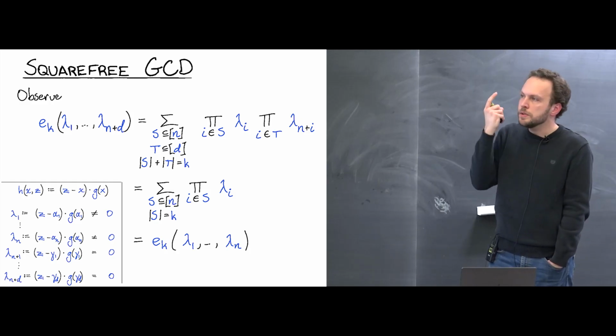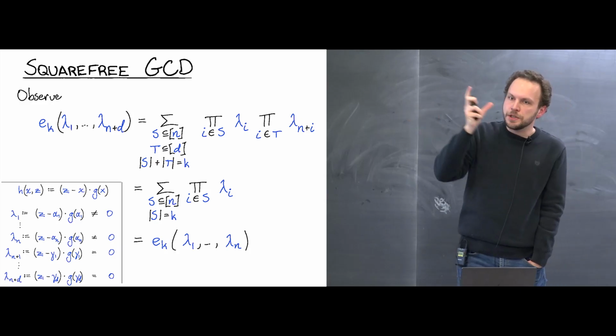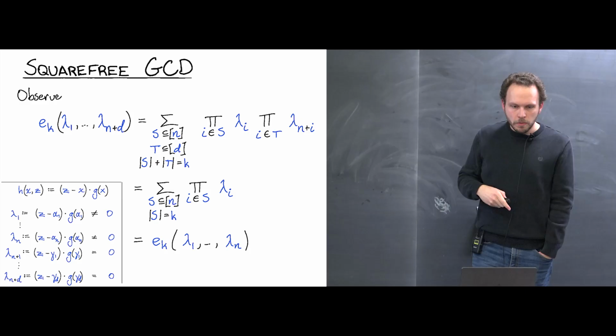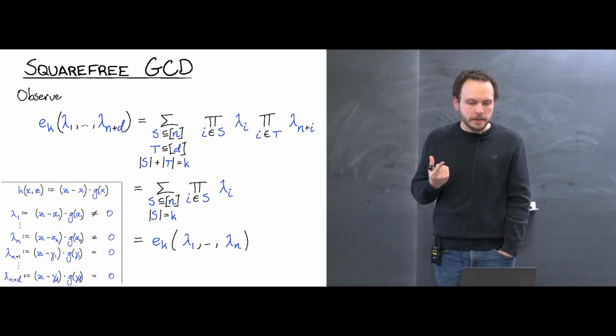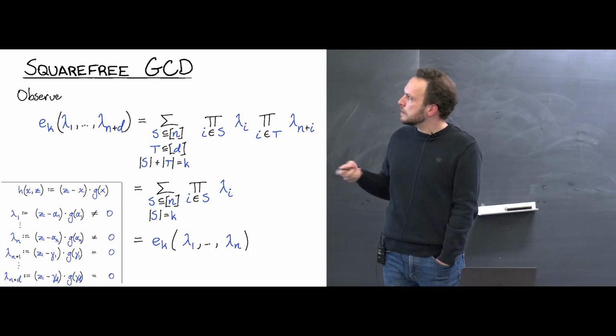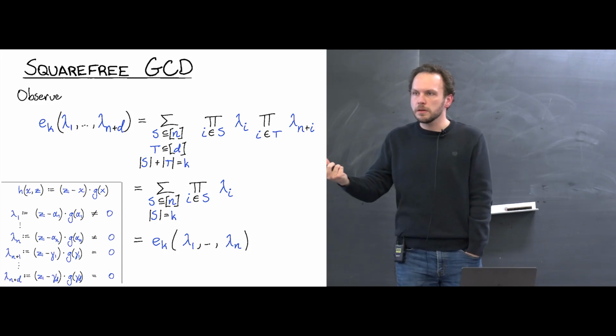Well, suppose we knew n. Suppose we knew the number of roots that are unique to f. We don't know that yet, but suppose we did. Well, what is the top degree elementary symmetric function? It's the product of all these z minus alpha i's times g of alpha i. Now the product of these g alpha i's is some complex number.